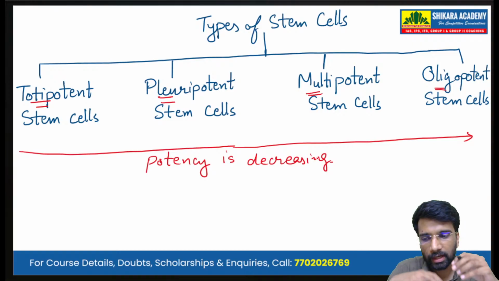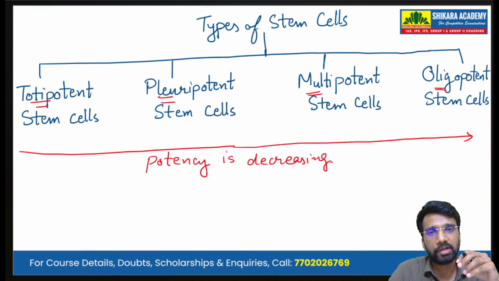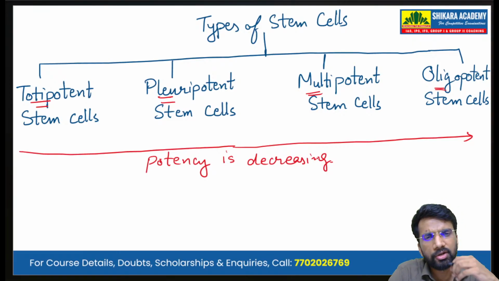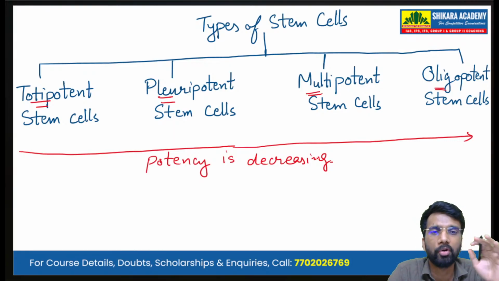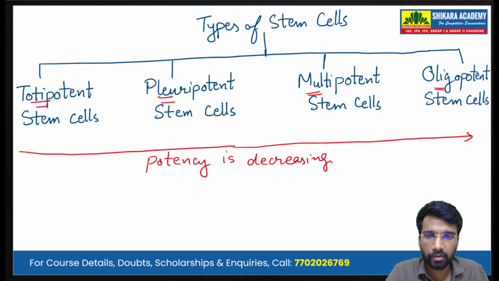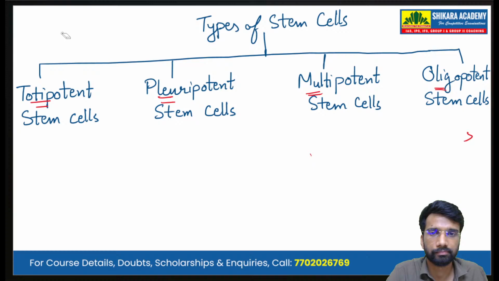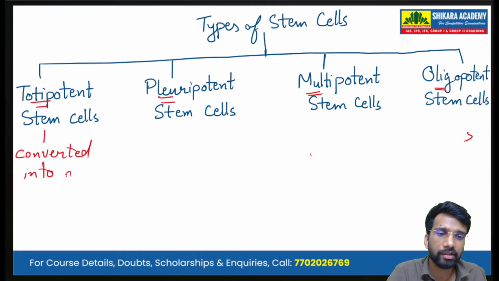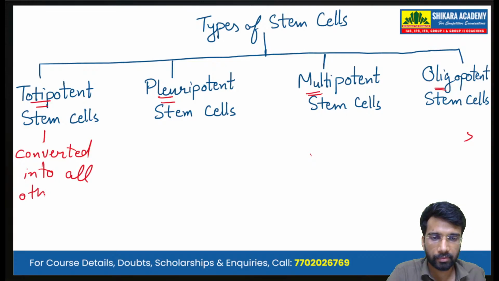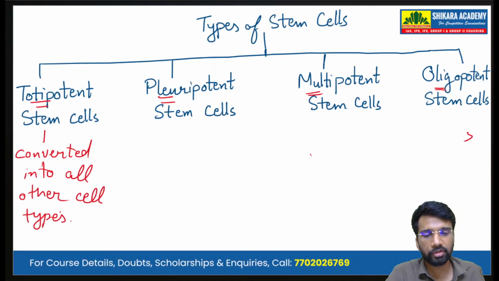So totipotent stem cells are the stem cells that can be converted into all the other types of cells in the body. And what are the other cell types?